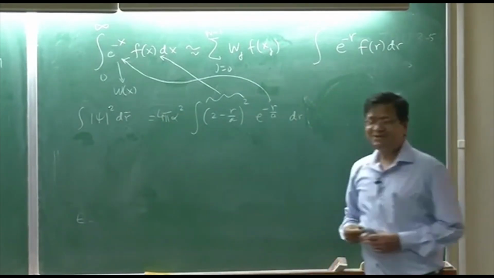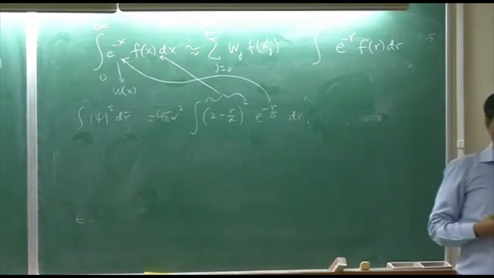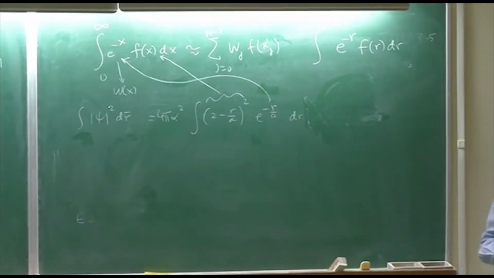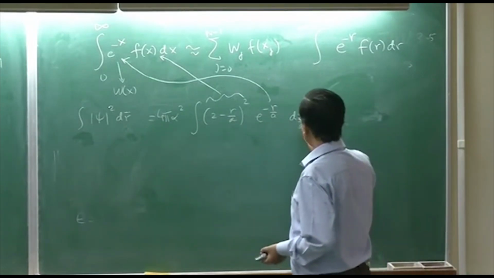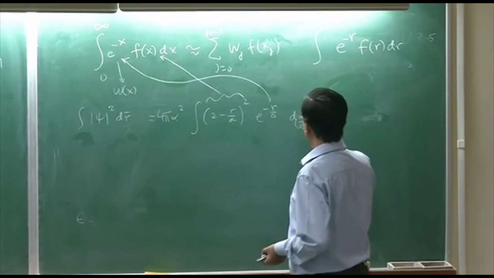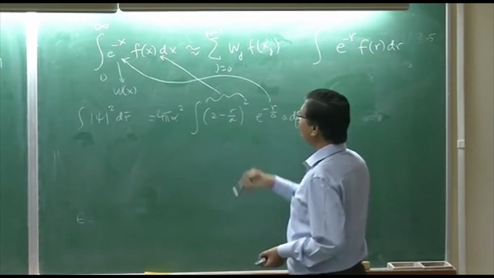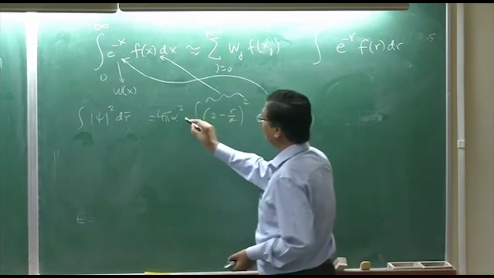Now my strong recommendation is to get rid of a. How will you get rid of a? Let r by a equal r prime. So I divide by a, multiply by a, and a comes out here.